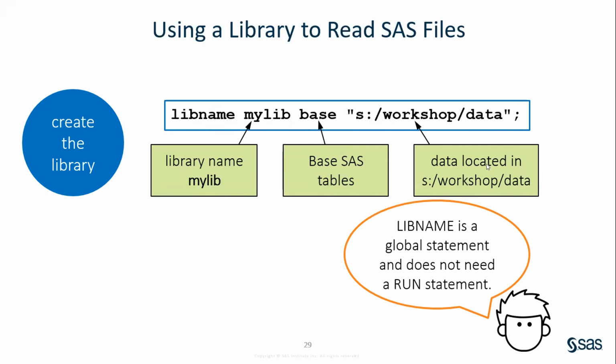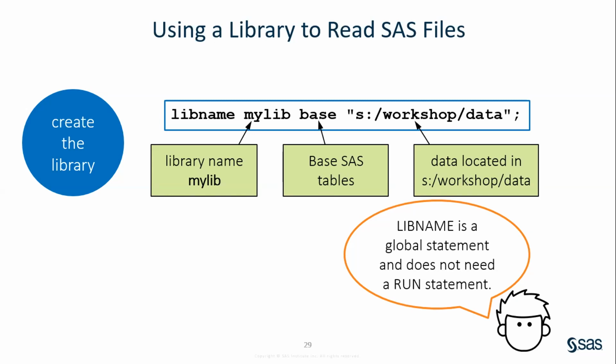Libname, remember, is a global statement. Why do we call it a global statement? Because we submit it once throughout the session. Once we create a library in a session, it is effective until we change the path of the library or end the session.